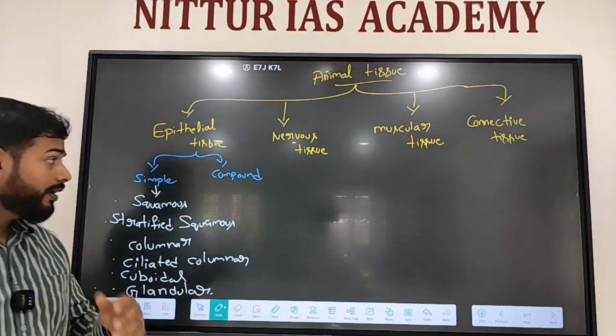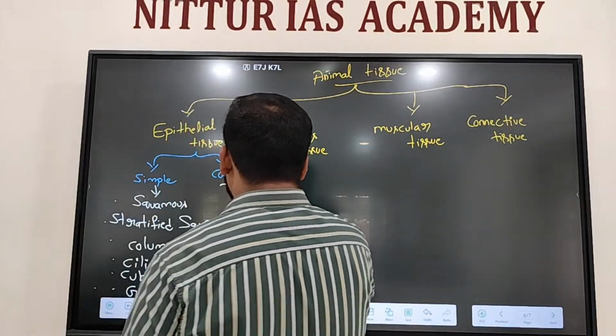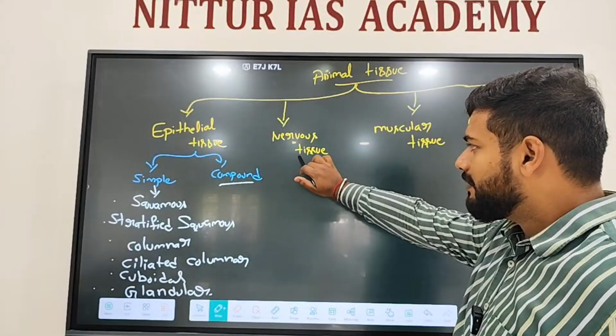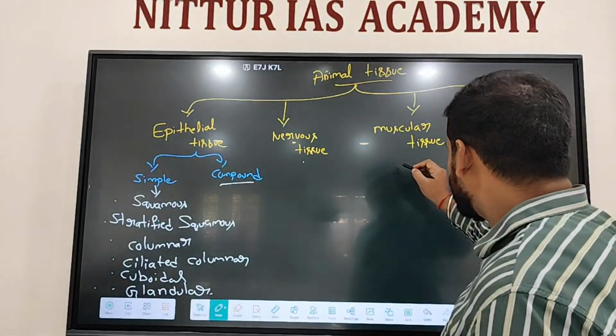Compound epithelial tissue does not have any subclassification. Nervous tissue has no subclassification.